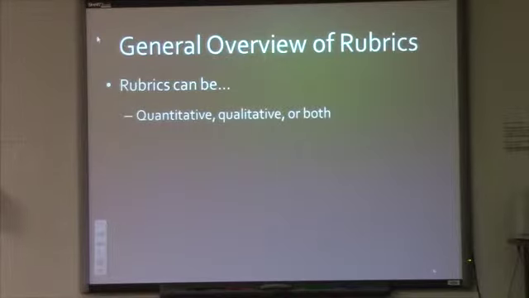The next thing would be to make sure in a qualitative rubric, or if the rubric is both qualitative and quantitative, that the terms that you use are terms that everyone understands within the context that you are providing. So a hypothetical again would be well-defined.